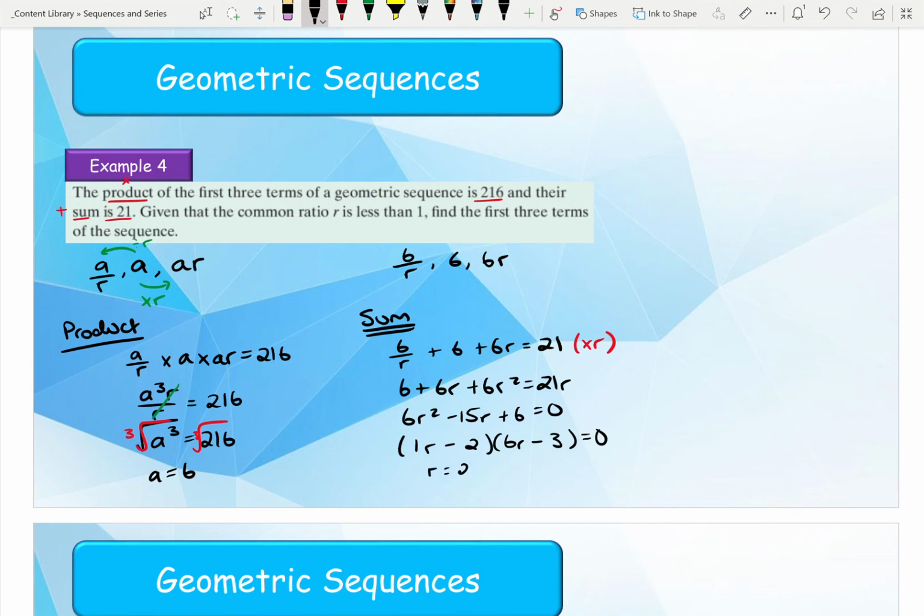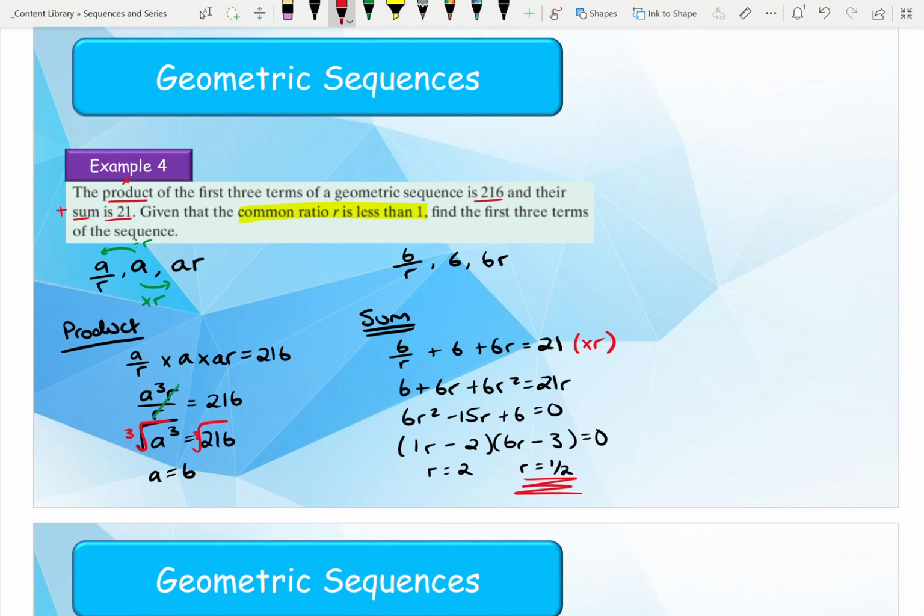Which means here I'd have r is equal to 2, and here I'd have r is equal to a half when I bring it over. Now guys, this is where we have a trick. Because in the question, which I didn't read out at the start, it says given that the common ratio r is less than 1. So if it's less than 1, that means it has to be a fraction.